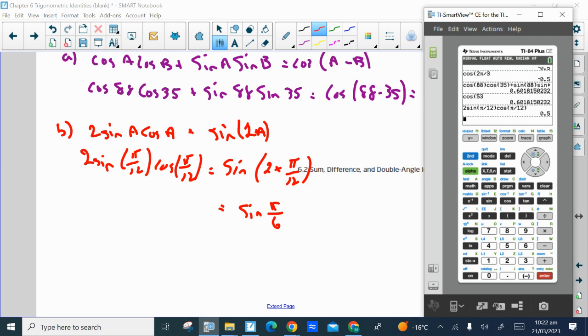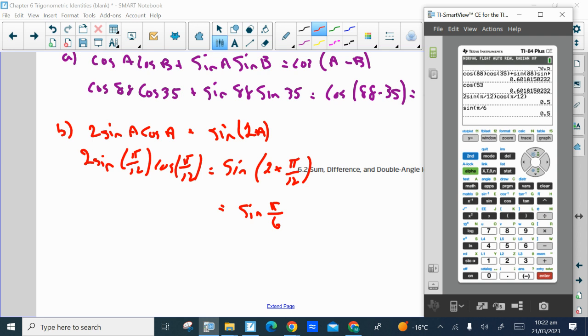Is that decimal? That should equal the sine of pi on 6. And it does. So they are equivalent.